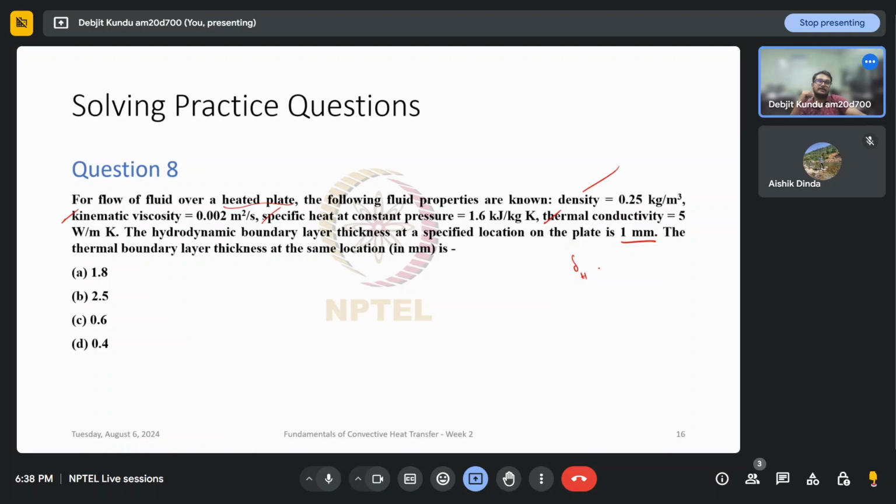So delta H, or delta H hydrodynamic boundary layer, I call this HBL, that is given as 1 millimeter. This can be called simply delta as well. That's the common terminology. Whereas the thermal boundary layer at the same location is what? The thermal boundary layer, delta sub T. Is it option A 1.8, option B 2.5, option C 0.6, or option D 0.4?